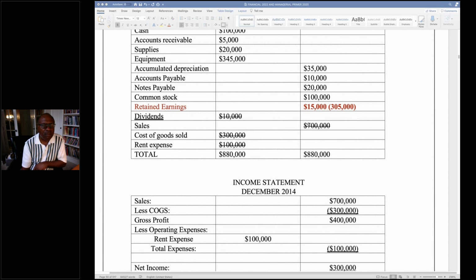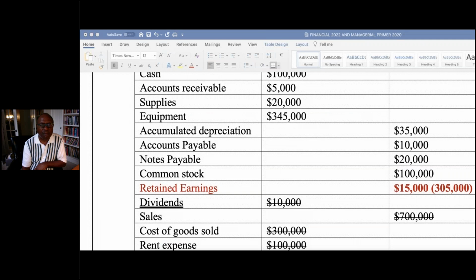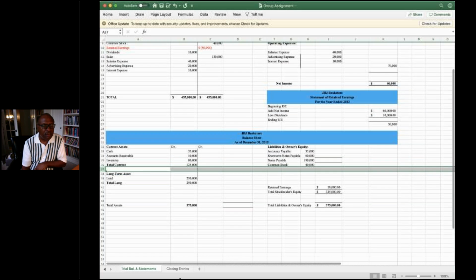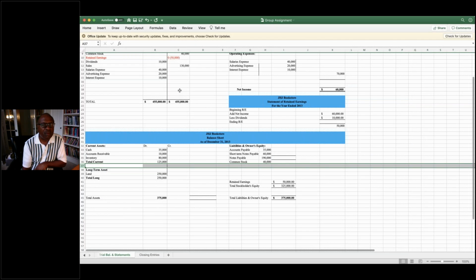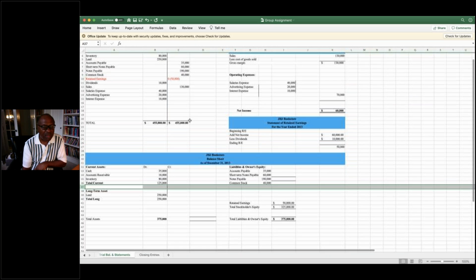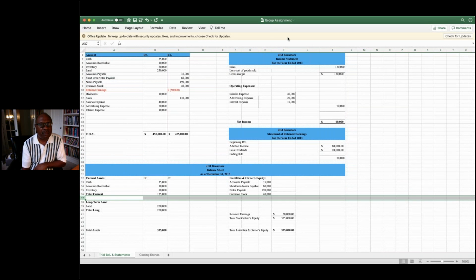Okay, so who do we have here? What team is this? Team 1, 2, 3, or 4? Or nobody?